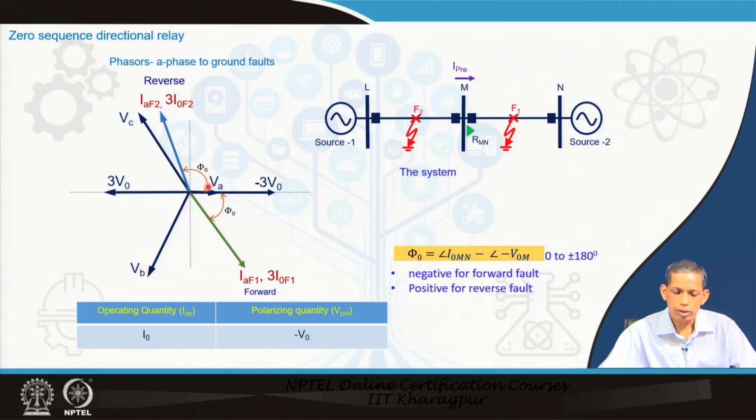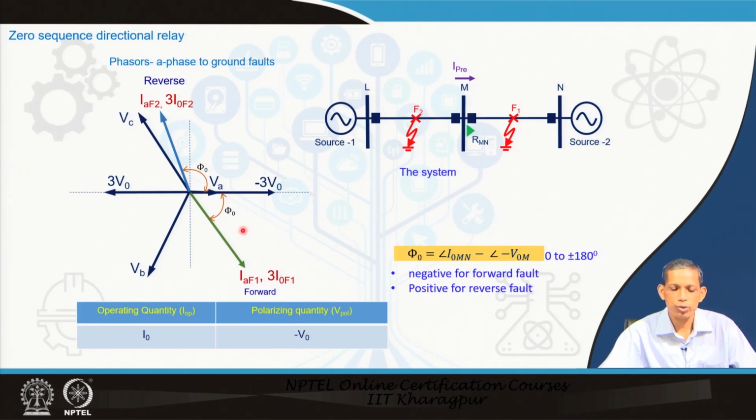And phi 0 negative means the corresponding fault is a forward fault. Similarly, for F2 the current will be reversed, and this current is also the direction of the I 0. I 0 similar to this voltage minus 3 V 0. So, to this reference one the corresponding current leads, and angle of I 0 minus angle of minus V 0 becomes positive. So, phi 0 positive means the fault is in the reverse direction.